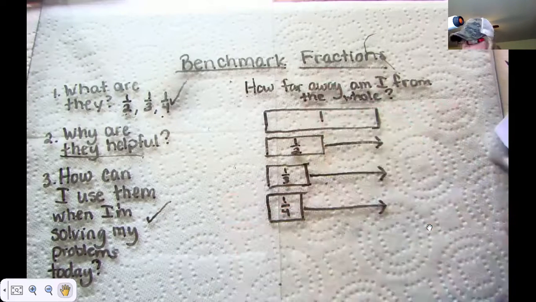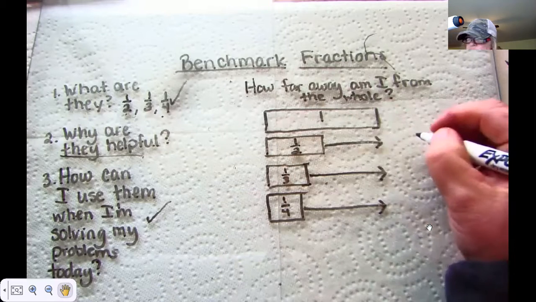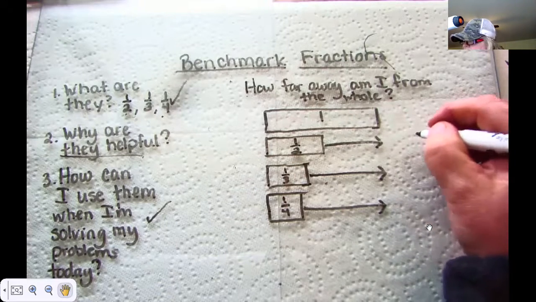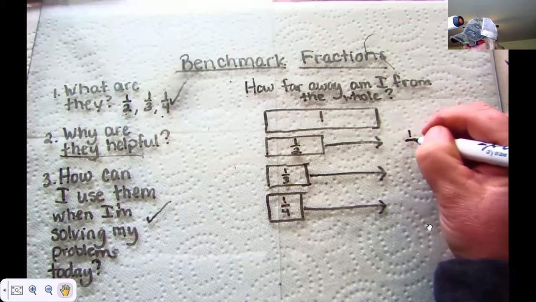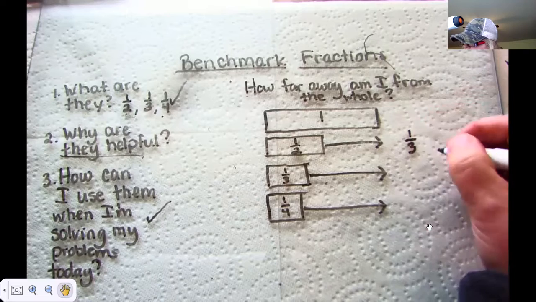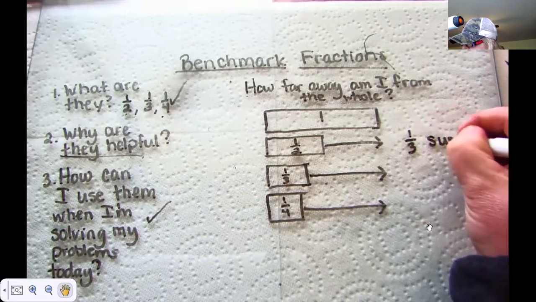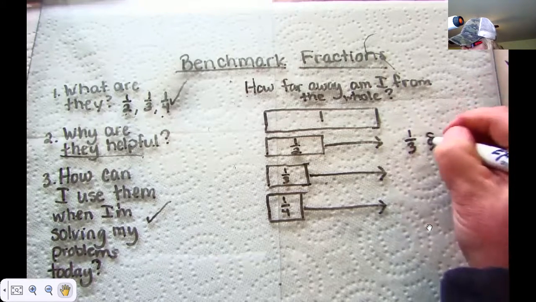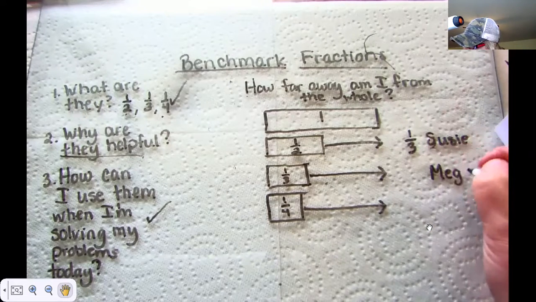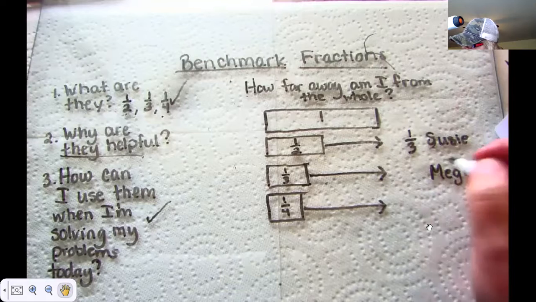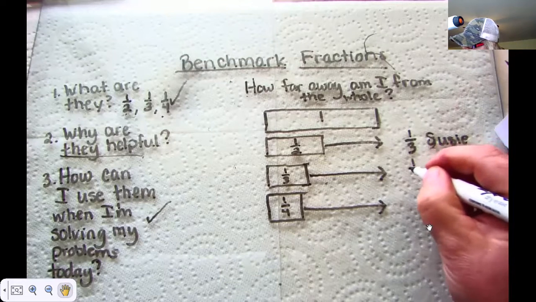And I could set up an example of how you could use this thought in a problem. Let's say I want you to compare. Let's say Susie ran 1/3 of a mile. That's how far Susie ran. I should capitalize that, it's a proper noun. And Megan ran 1/4 of a mile.